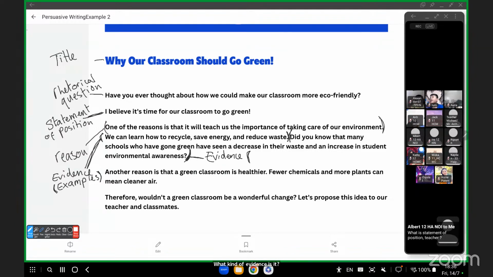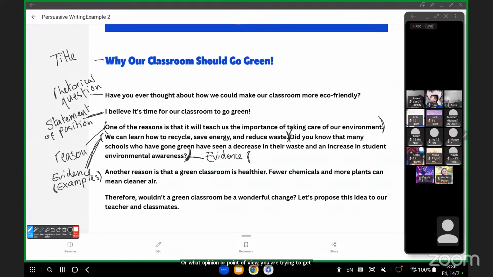Albert, so the statement of position is the part of your writing where you let the audience know what you believe or what opinion or point of view you are trying to get across.